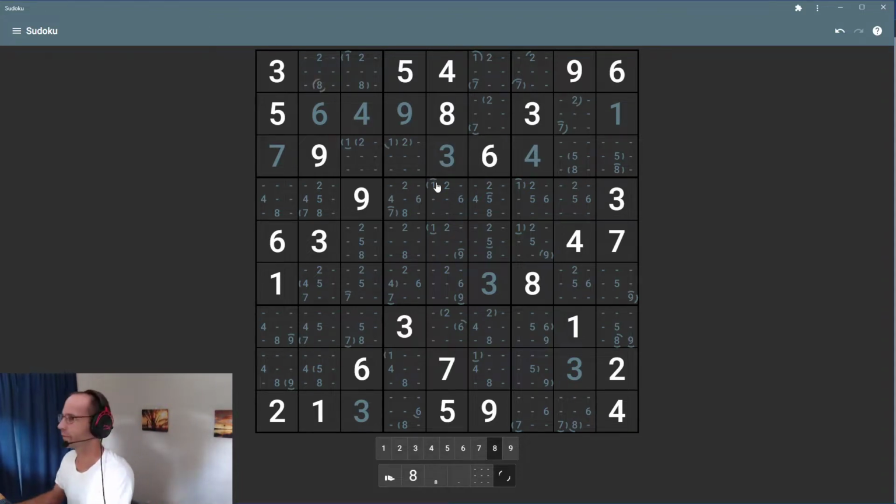But okay, so we're going to focus on these 4 cells and see what we can conclude about these 4 cells based on the premise that this is not an 8. Here we go. Run it again. If it's not an 8, we have an 8, not 1, 1, 7, not 7, 6, not 6, 8. Oh, no, not 6, 6, not 6, 2.